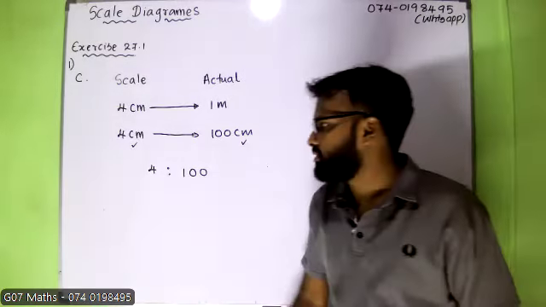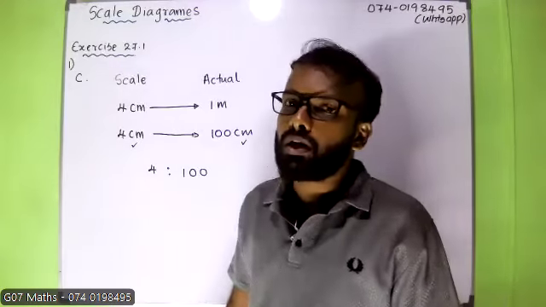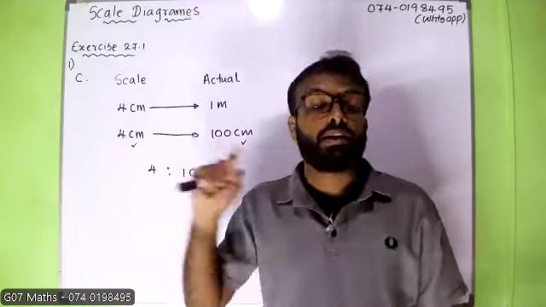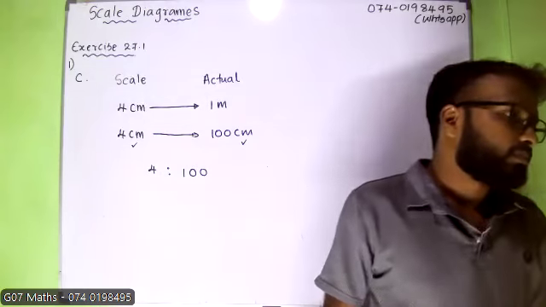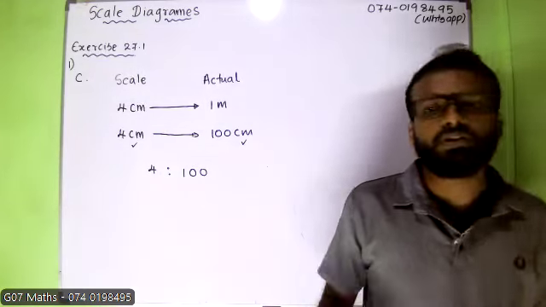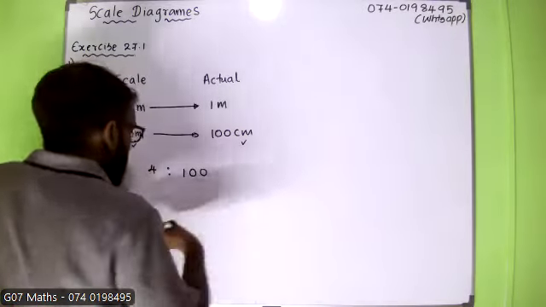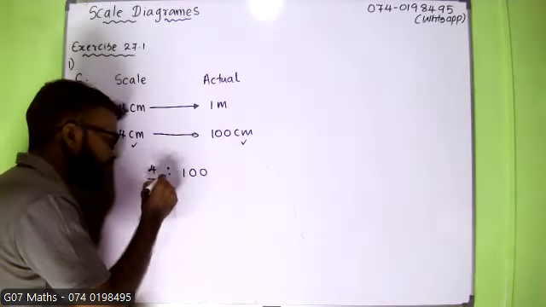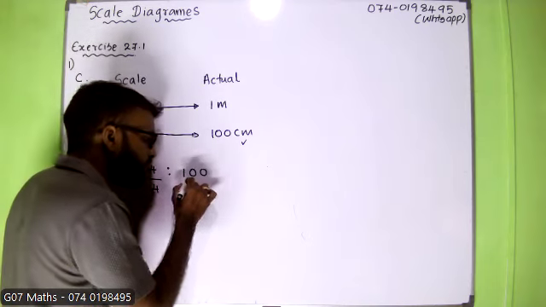So what is the common number that you can divide both sides? 4. Yes, super. So you can divide your left hand side by 4 and also your right hand side by 4.